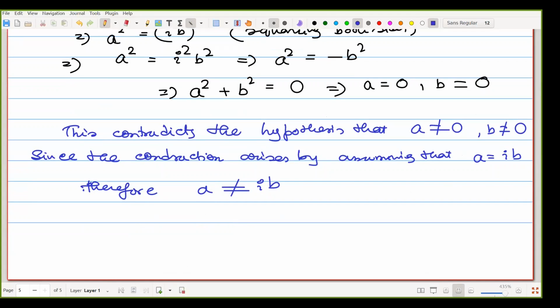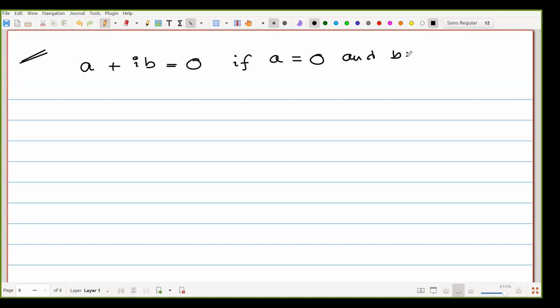Okay. So next property that is also very important. That is A plus IB is equal to 0 if A is equal to 0 and B is equal to 0. Let's check.